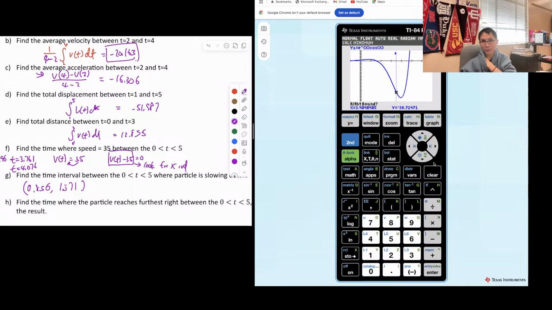Minimum here, press enter and enter here, right? And that's gonna be 3.926. Sorry. So it'd be second calc, 0 here. And then I'm gonna find the 0 at that particular point. Press enter here. Press enter here. Press enter. So it'll be 4.712.